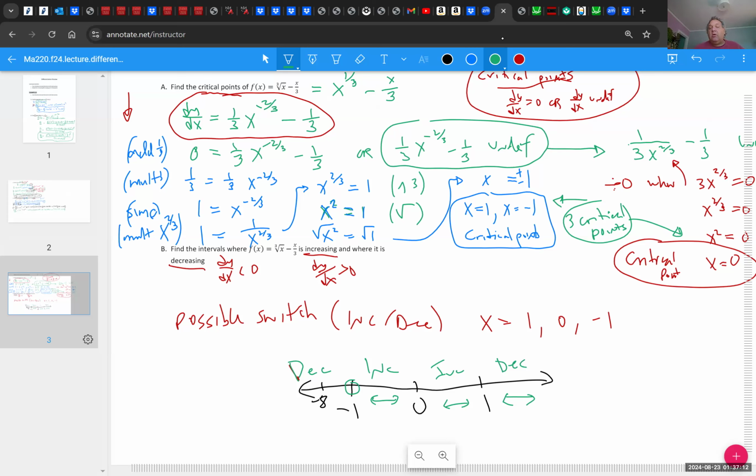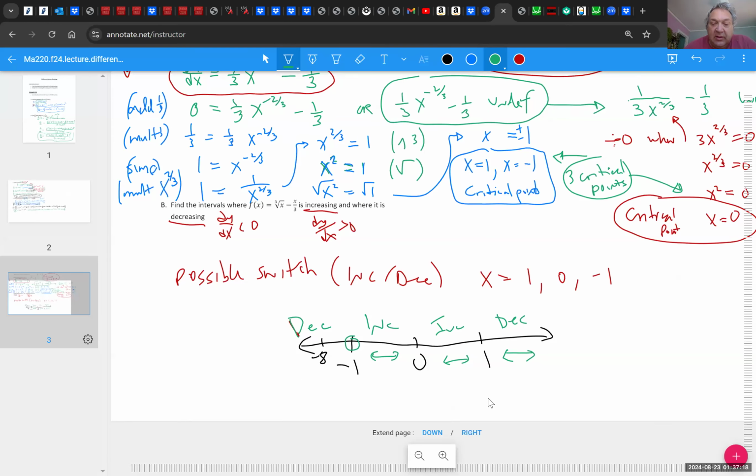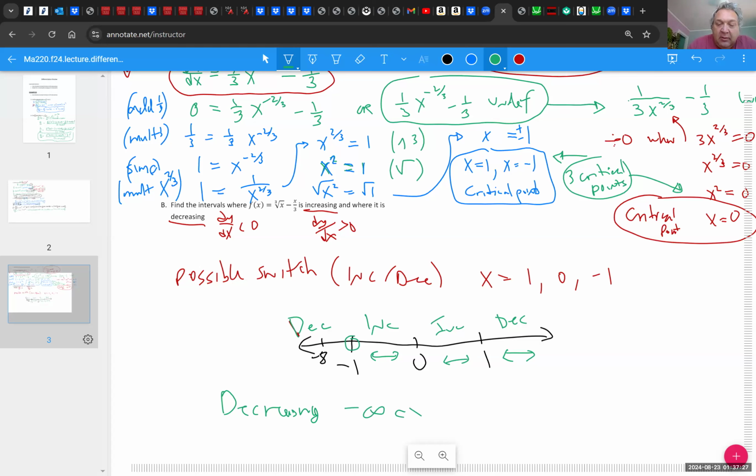So now we know where the graph is increasing and decreasing, and I can write my intervals. For decreasing, I'm going to go from -infinity all the way up to -1, and also from 1 to infinity.